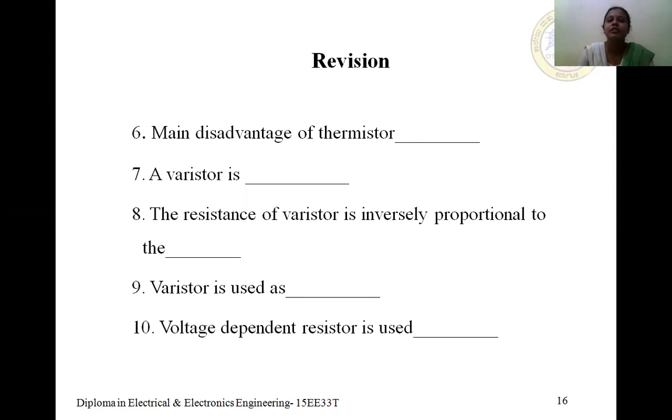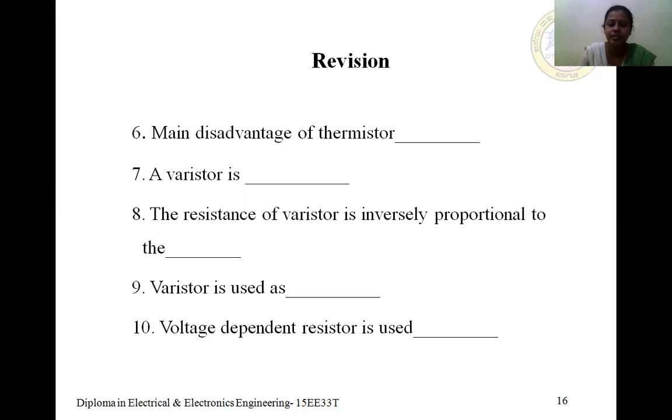The next question is, the resistance of a varistor is inversely proportional to the dash. The resistance of a varistor is inversely proportional to the voltage. We have studied this in the static characteristics. The answer for the eighth question is voltage. Next, the ninth question: varistor is used as.